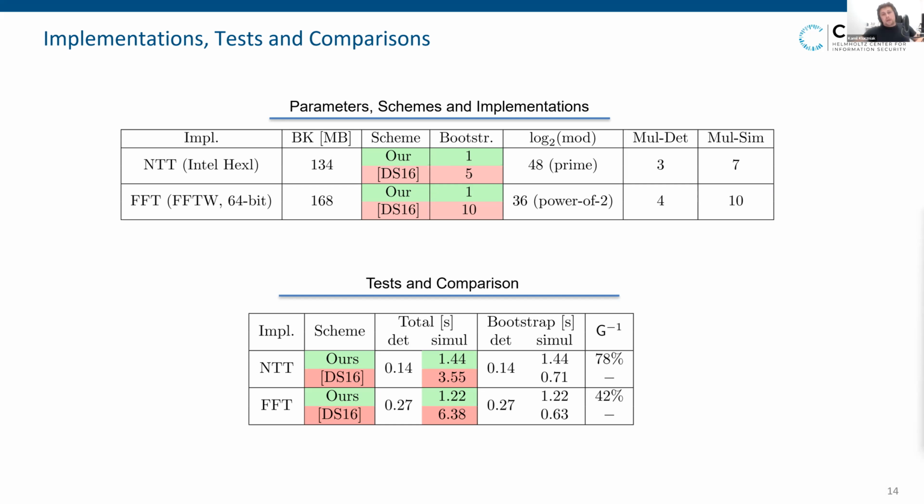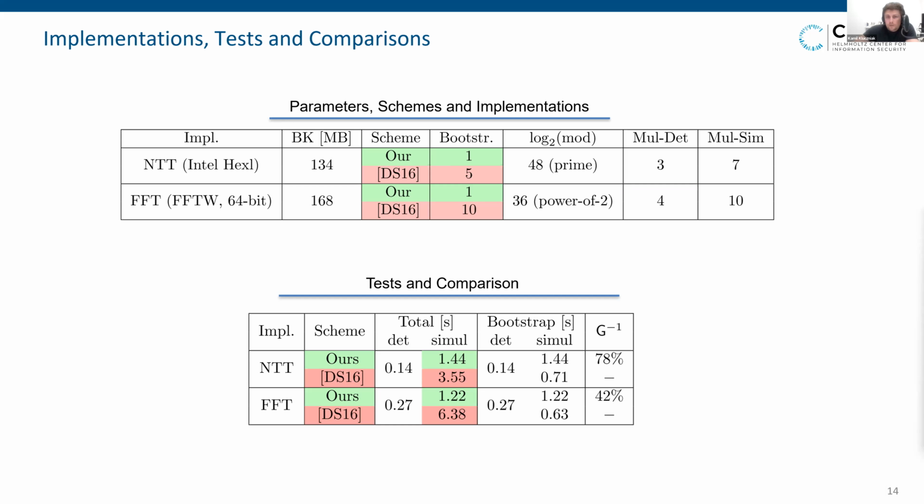Then to sanitize the error, we just need 1.44 seconds for NTT and 1.22 seconds for FFT. So you can see that the randomized decomposition in NTT implementation takes around 80% of the entire execution time, whereas for FFT it's just around 40% of the entire execution time.